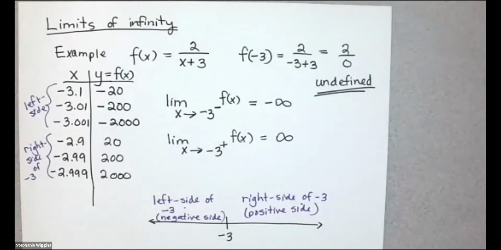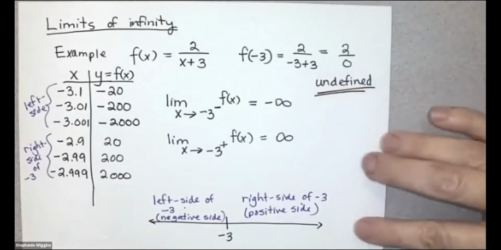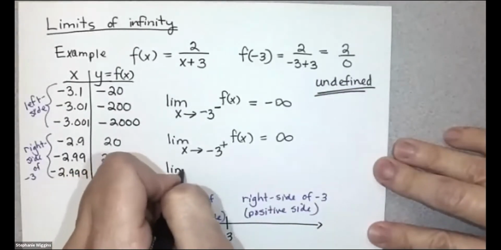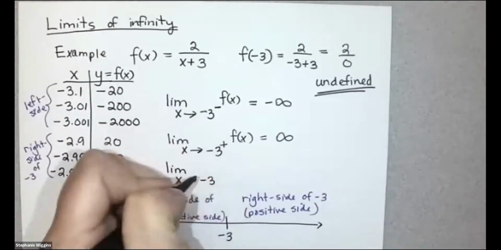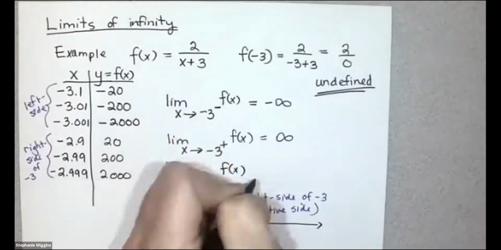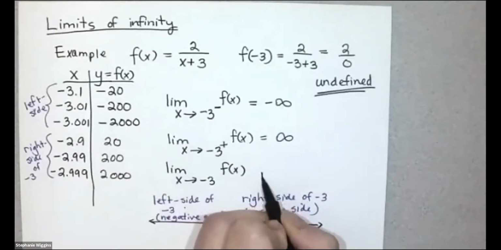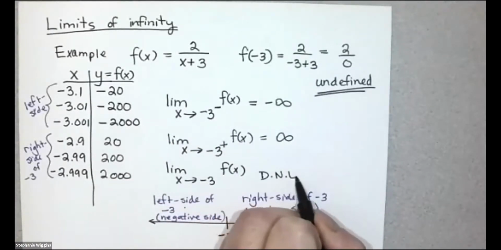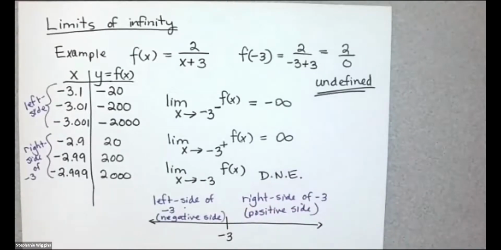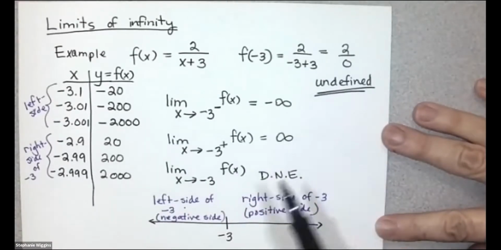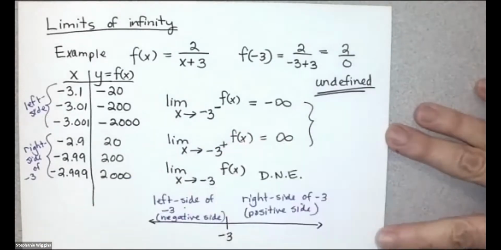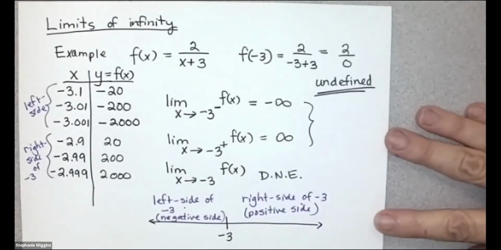So basically, because these are infinite, the limit as x approaches -3 for our function f of x does not exist. And let me reiterate, these limits also do not exist. In order for a limit to exist, it has to be a constant.